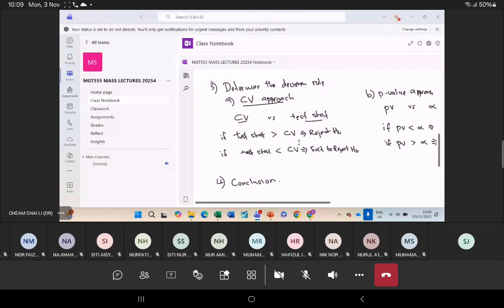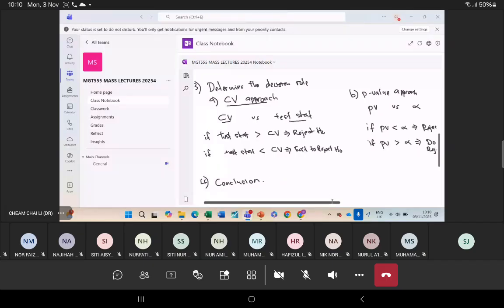So if you have sufficient evidence to support your alternative hypothesis, therefore you reject the null hypothesis, right? With the critical value approach, if the test statistic is larger than the critical value, that means we have sufficient evidence to reject our H0, and this particular variable is said to be significantly affecting the dependent variable, right?